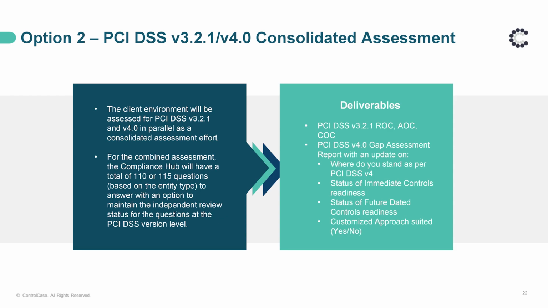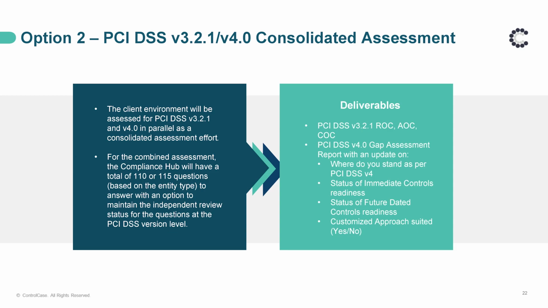So with this, the ControlCase Compliance Hub will have a questionnaire which has the overlap captured for both the versions. With the overlap, the total questions will be 110 or 115. Like earlier, if the entity is a multi-tenant service provider, then there will be 115 questions. If not, there will be 110 questions.